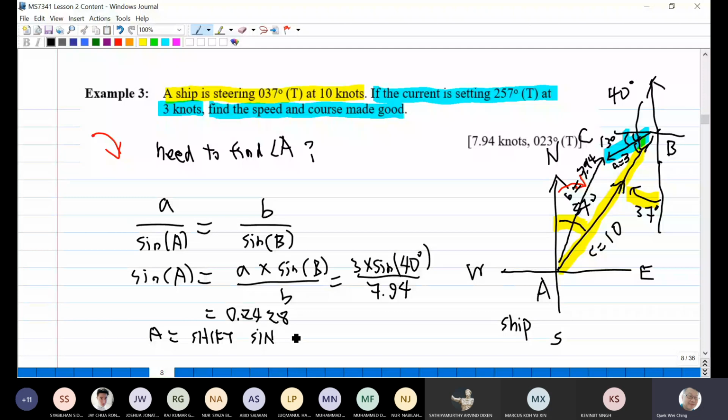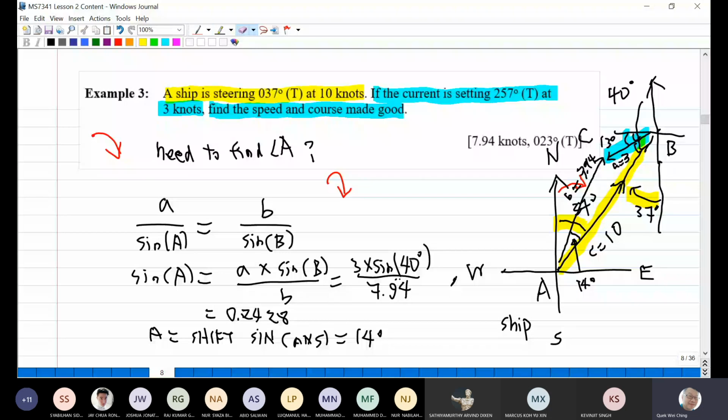So what is the final direction of the ship now because of the current? So this is the final course, the course made good, right?